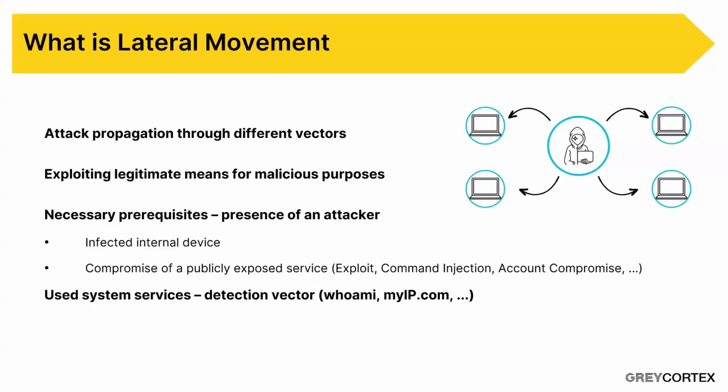About lateral movement. What is it? Some people say it's east-west traffic, so basically it's traffic which stays in your LAN segment. So it could be regular traffic, right? Because your end users need to access your services, your file server, your web server, your mail server. So we need to have that traffic in our network.